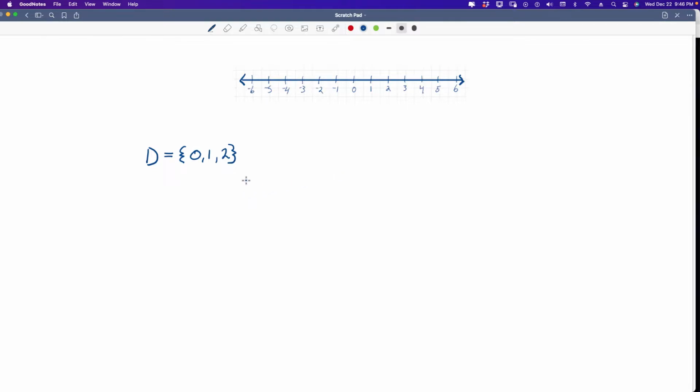I'm also going to illustrate that D, the domain, is illustrated as reals, which means the real number system, all the real numbers. And D here is also illustrated as positive integers.